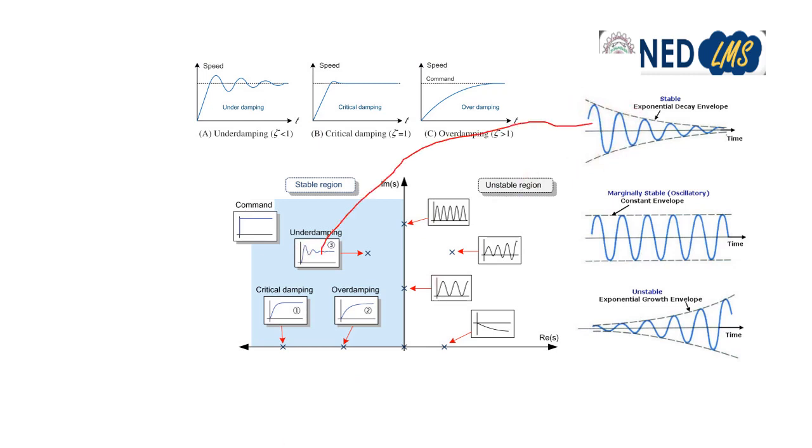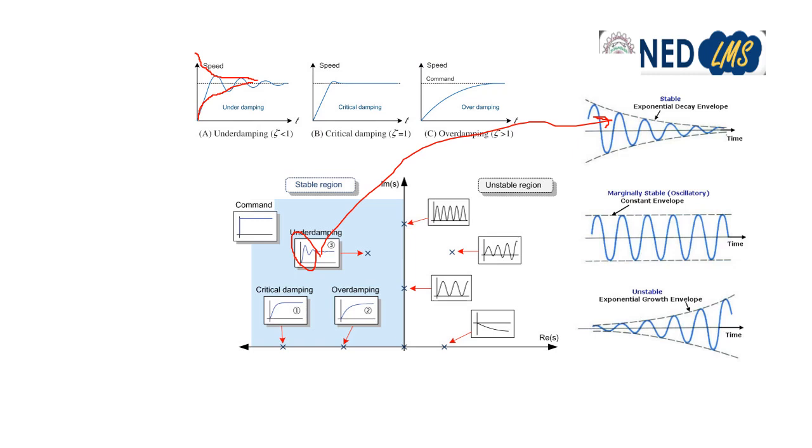These transients are enveloped in the exponential function and the system will finally reach a stable state. So here you can draw it like that. This is the exponential function. This is making an envelope, and this is for the complex conjugate pair.